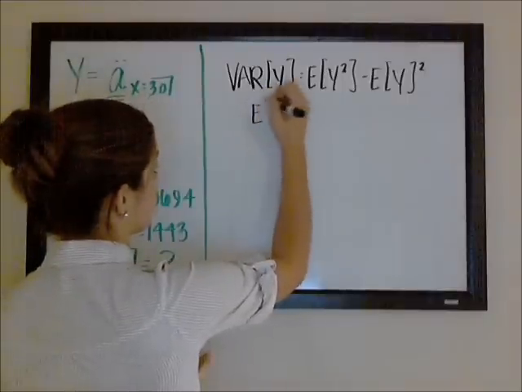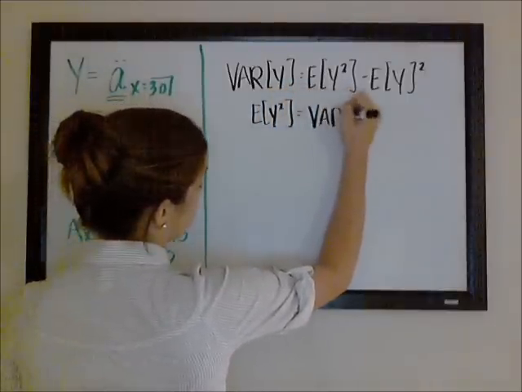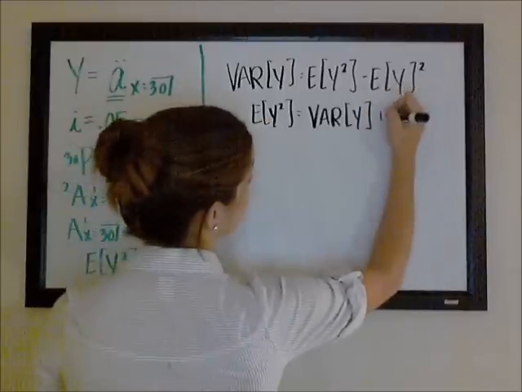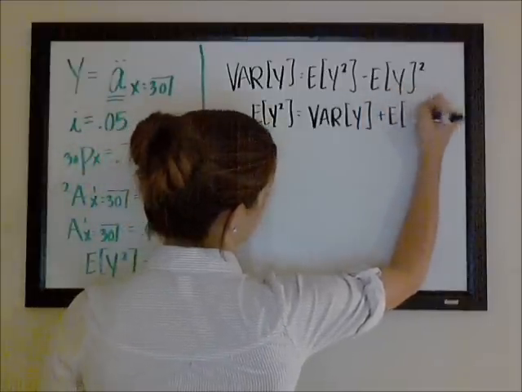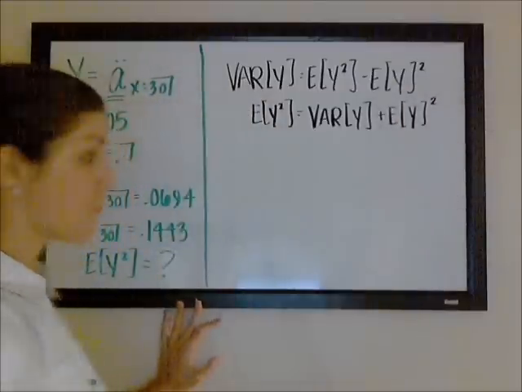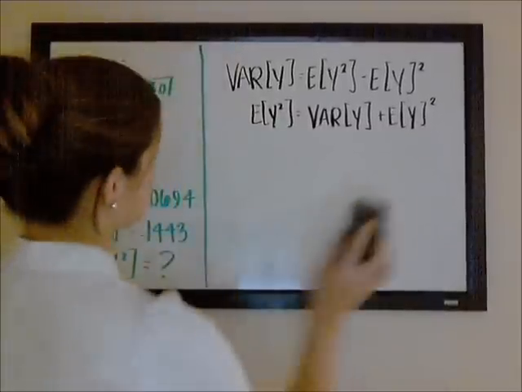So we're looking for the second moment. That's going to be the variance of our random variable plus the expected value of our random variable squared. Okay, so let's find those two things.